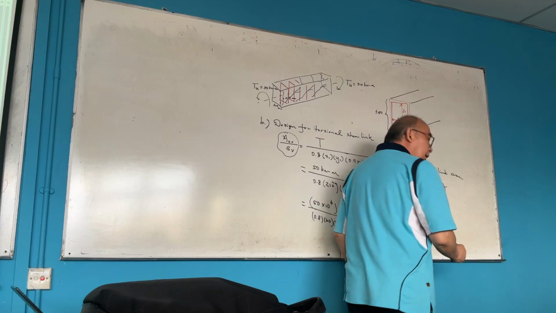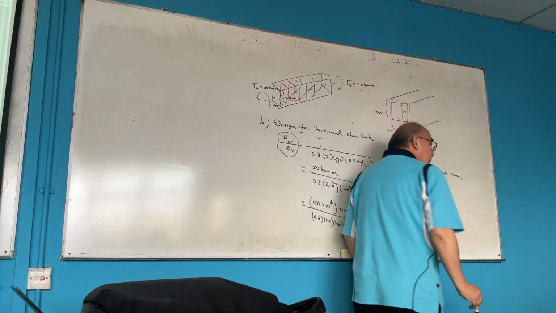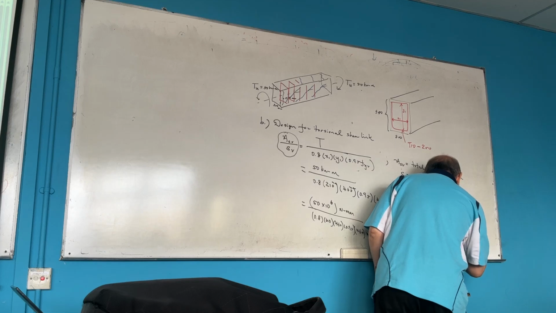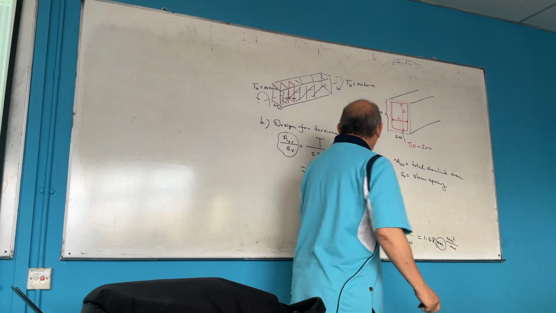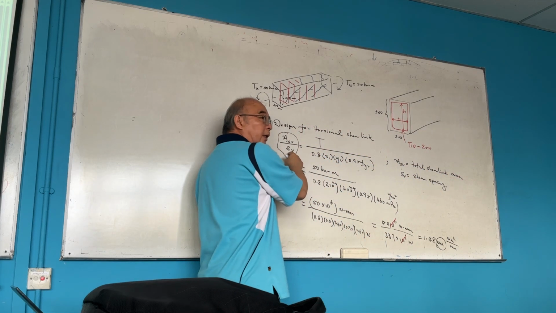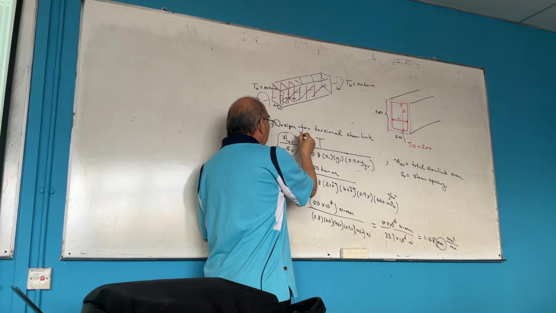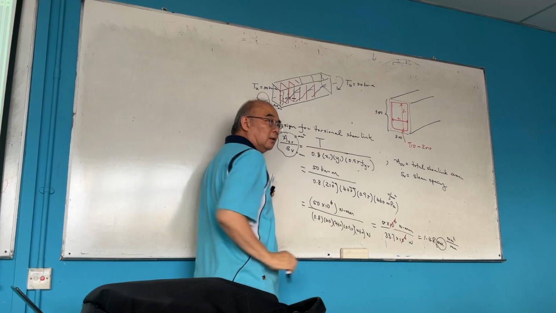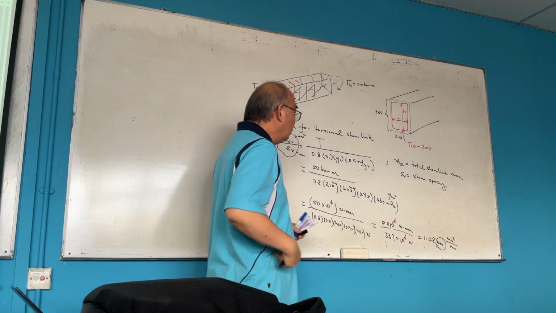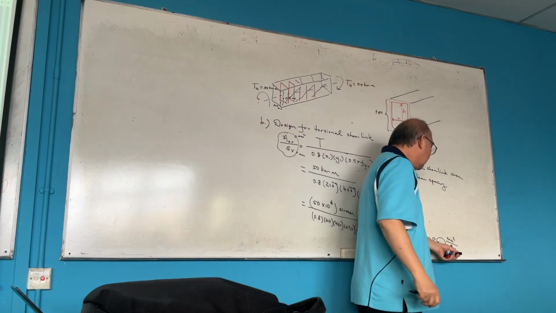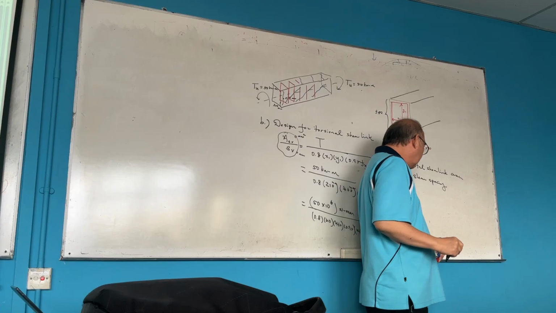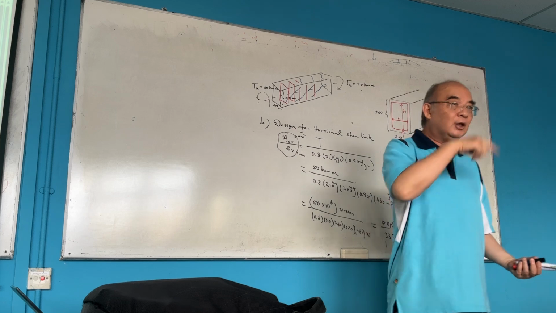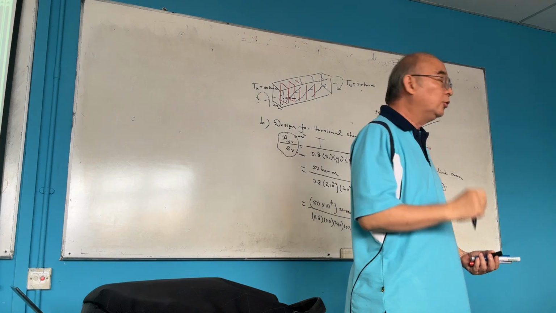Actually, this unit here is millimeter square per millimeter, because this is ASV over SV. ASV is millimeter square, spacing is millimeter. So what this is telling me is that for 1 millimeter spacing, I need 1.48 millimeter square of shear link area.